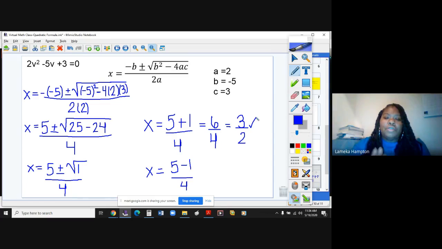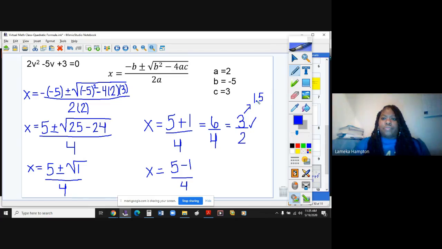Now let me go ahead and get this out the way. When it comes to the quadratic formula and you have an answer that's a fraction, if it makes you feel comfortable, you can convert this fraction to a decimal. So in essence, 3 over 2 is the same thing as saying 1.5.